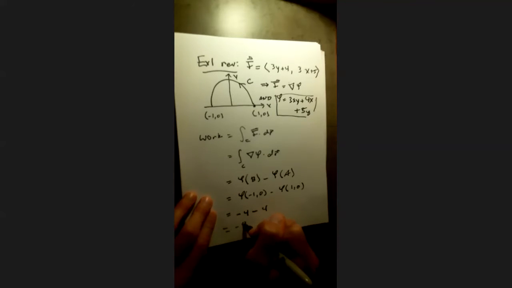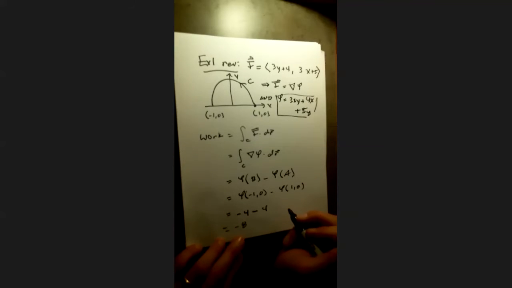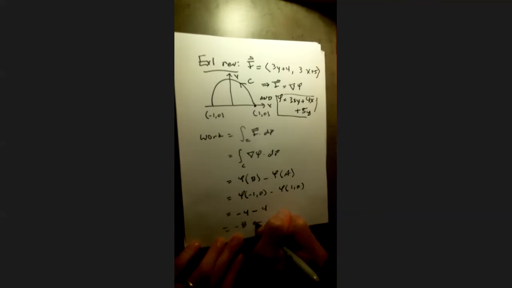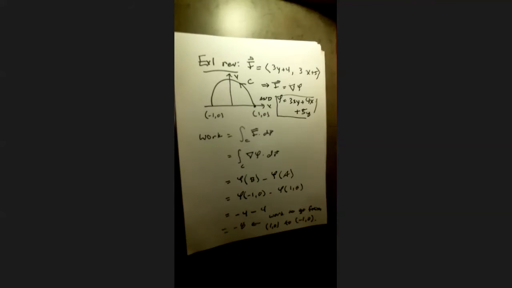I'm not sure how I got -9 in my notes online, but you get a work of -8. So this -8 represents the work to go from (1, 0) to (-1, 0). Questions about that?